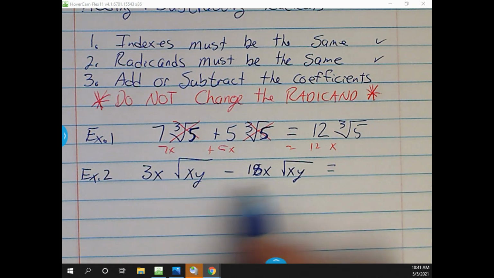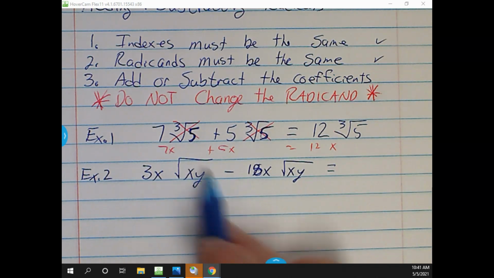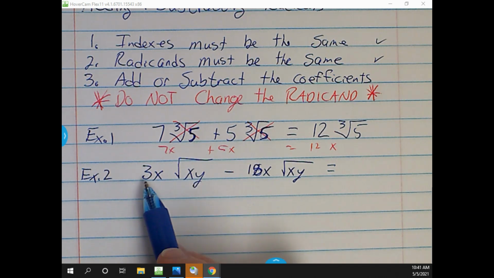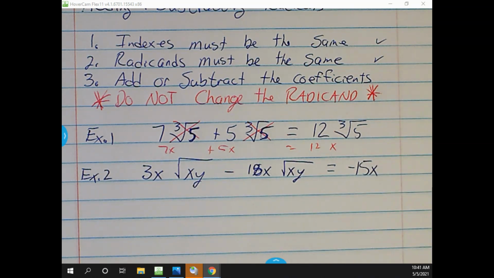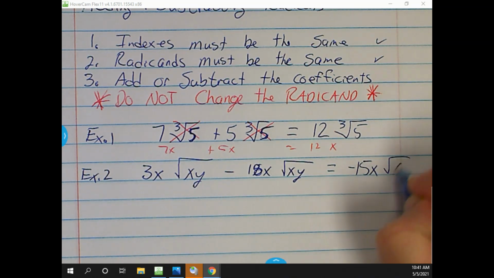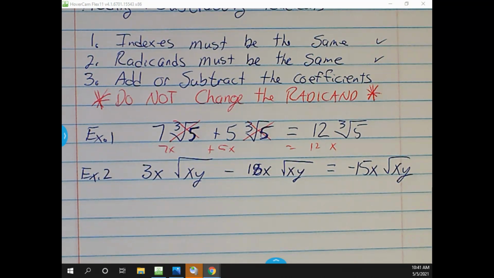Okay, they're both square roots, so the indexes are good. The radicands are both xy, so now we're just doing 3x minus 18x, which would be negative 15x. And then you just tack on the square root of xy that's there. And that's it. That's all you've got to do.